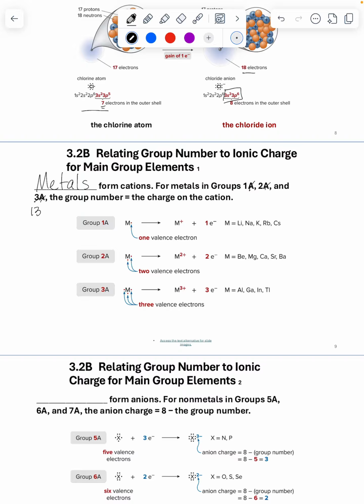In group 1, all of the elements will have a +1 charge. All of the elements in group 2 have 2 valence electrons, and therefore will lose those 2 and have a +2 charge. And all of the elements in group 13 will have a +3 charge.